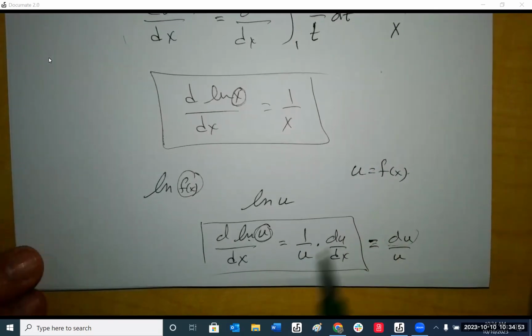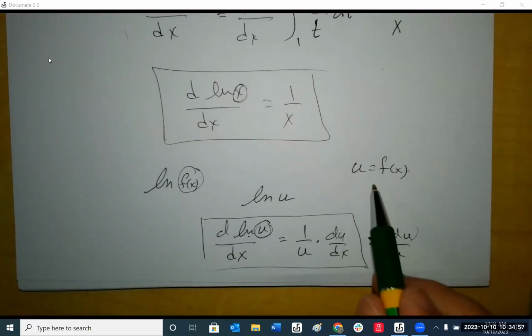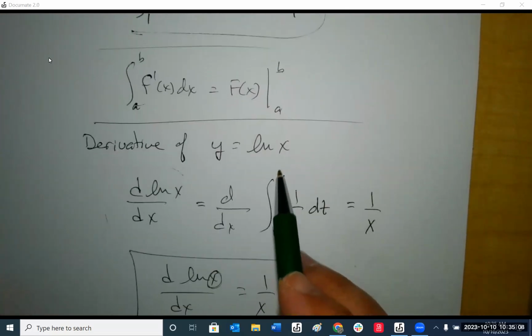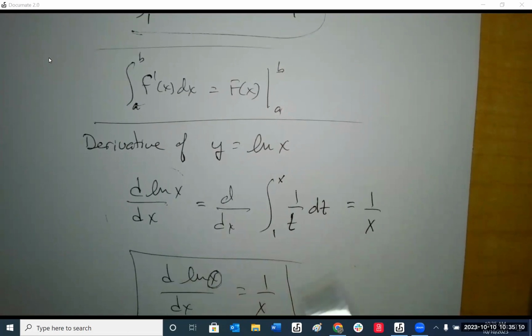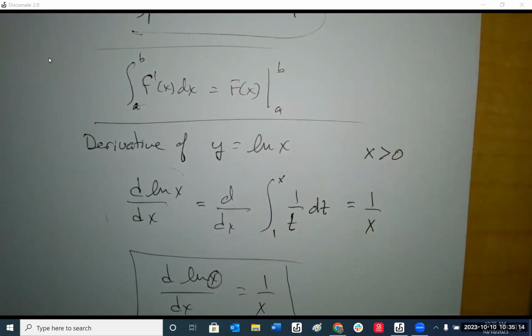Is there a restriction on the domain of this function? Because up here, when we take the derivative of ln, we know that x has to be strictly greater than 0 because you can't take the ln of a negative number.